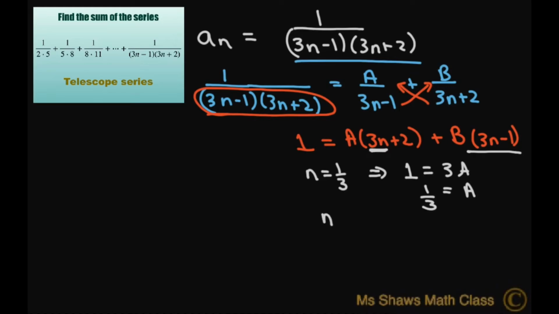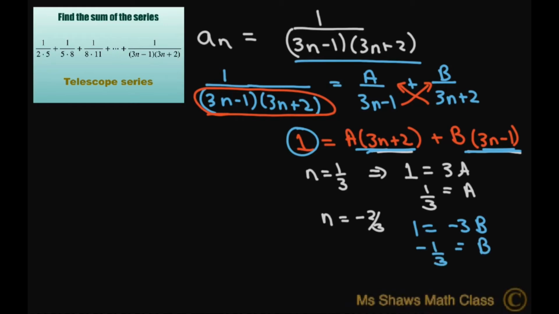If you let n equal negative 2/3, that will zero this one out, and you get 1 equals negative 3B. So B equals negative 1/3.